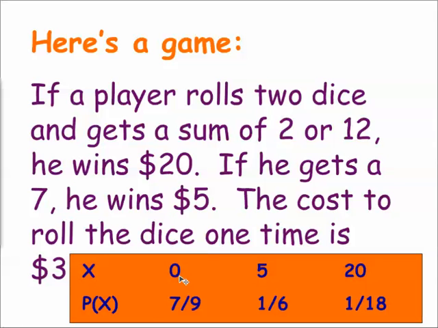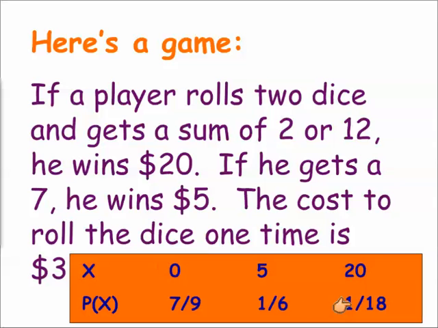So, like I said, 2 out of 36 or 1 out of 18 give you $20. Right down here, 1 out of 18 or 2 out of 36 give you $20. 1 out of 6 will give you a $5 payout. And there's going to be 7 out of 9 times you're getting nothing. How'd I get that 7 out of 9?